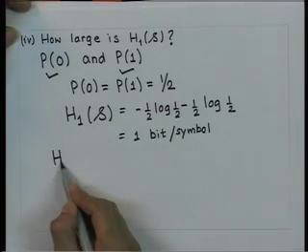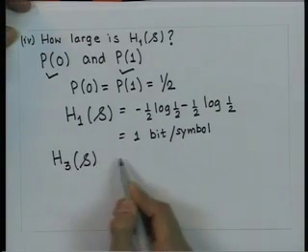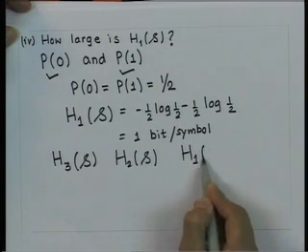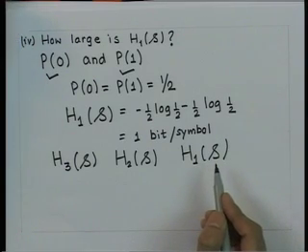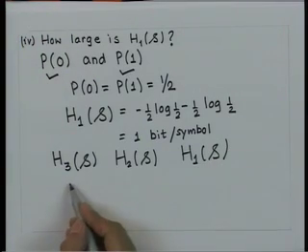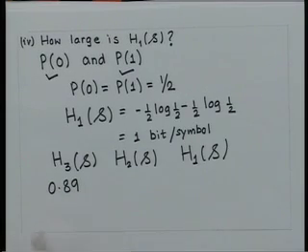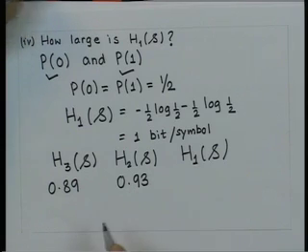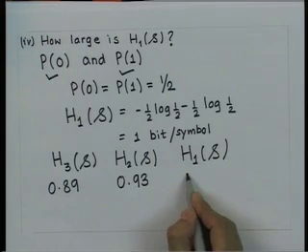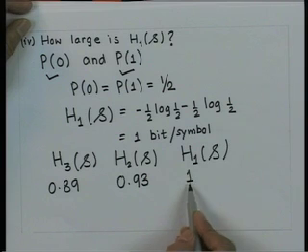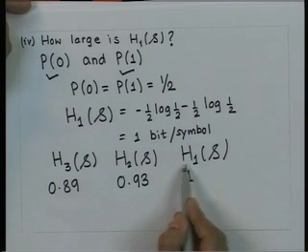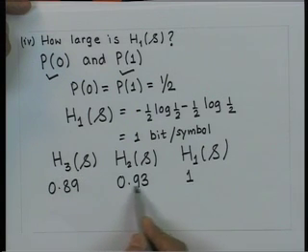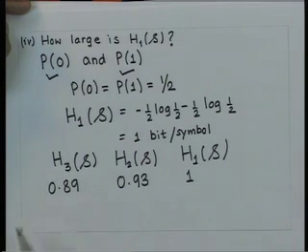Now we have calculated H3S, H2S and H1S. The value of H3S we got was 0.89 bits per symbol, the value of H2S was 0.93 bits per symbol, and the value of H1S was 1 bit per symbol. So, as I keep on increasing n, the value monotonically decreases.